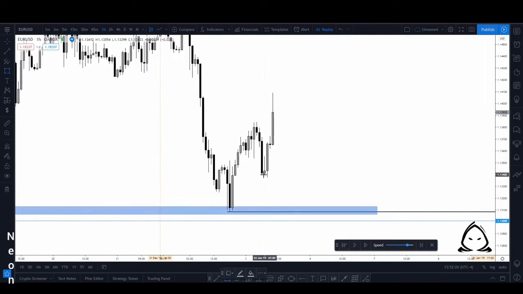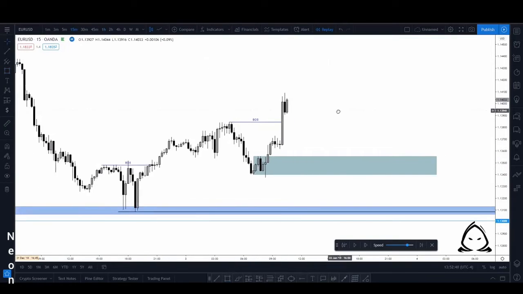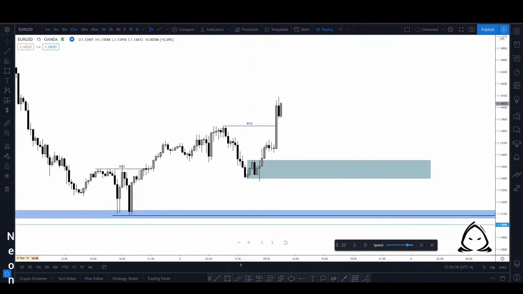So we have this down move, and then the up move that broke structure, created imbalance along the way. So we know that price is more than likely going to come down to these areas to fill in the imbalance. As we can see, we will denote our order block with this candle right here on the hourly as our point of interest, and we can drop down into the 15-minute and just refine that ever so slightly if the opportunity presents itself.